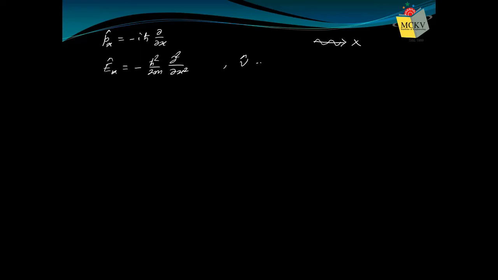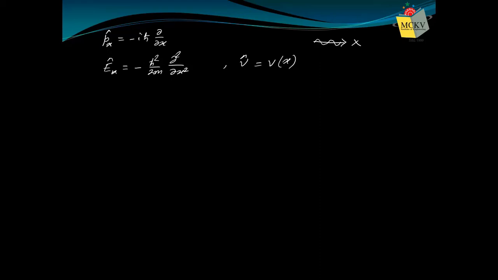Potential energy operator was same as potential energy, and generally for a conservative system, potential energy is a function of position only. Since we are talking about one dimension only, it is a function of x only. In 3D, it should be a function of x, y, z.